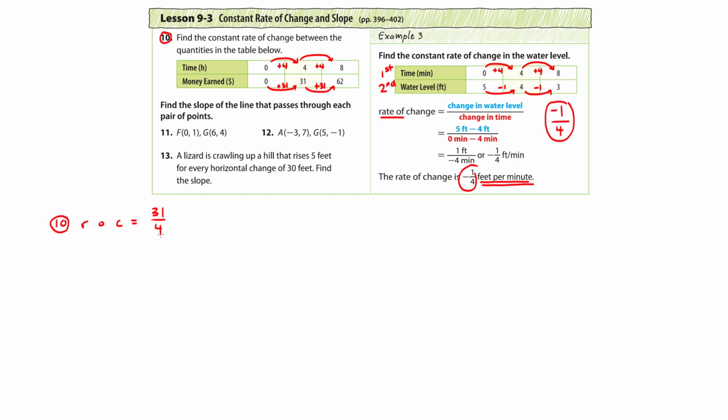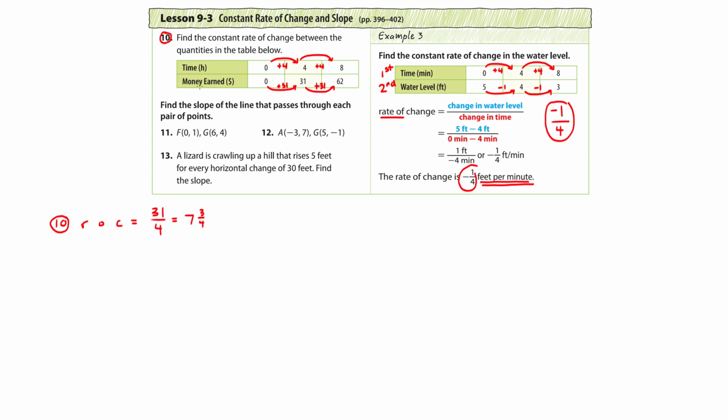Now those are both positive, so I didn't bother putting the little plus signs. If you do that division, you can put it as a mixed number, I suppose. 4 goes into 31 7 times. 7 times 4 is 28, so there's 3 left over. So 7 3/4 if you wanted it as a mixed number.